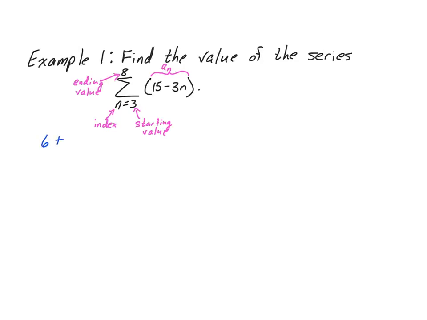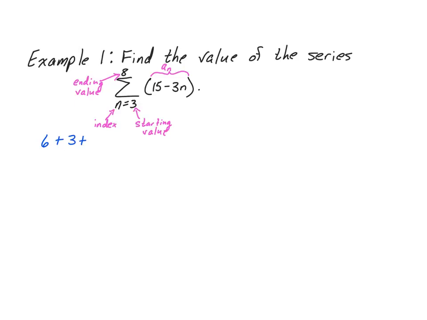Plus, because this is a sum, the next value after 3 is 4. So now we plug in a 4. 15 minus 3 times 4 would be 15 minus 12, which is 3. All right, so the next thing you do is you plug in a 5, because we did 3 and 4.